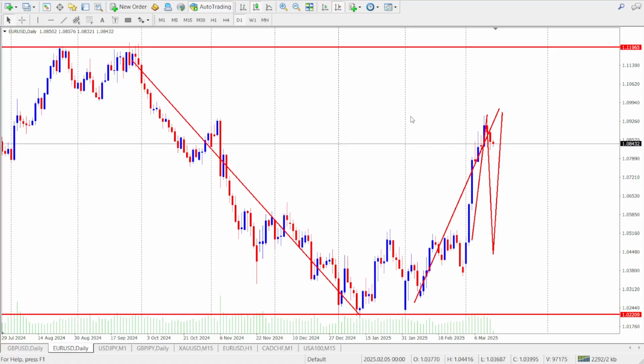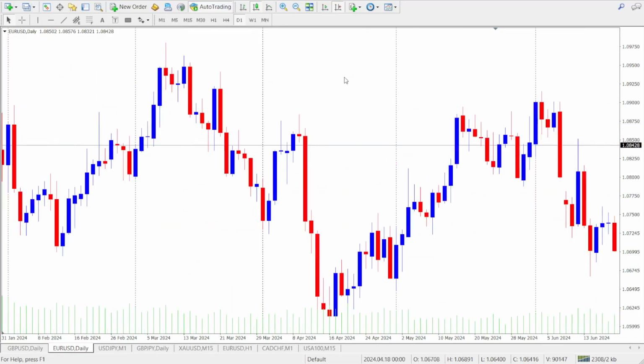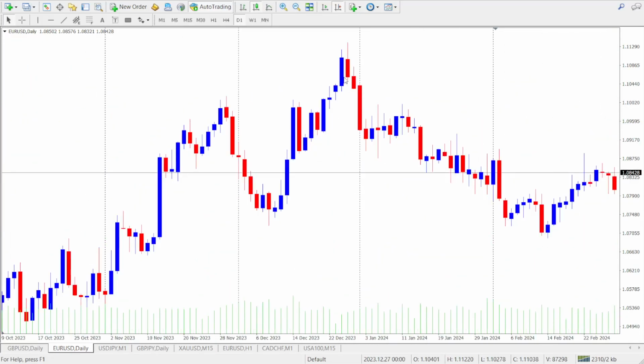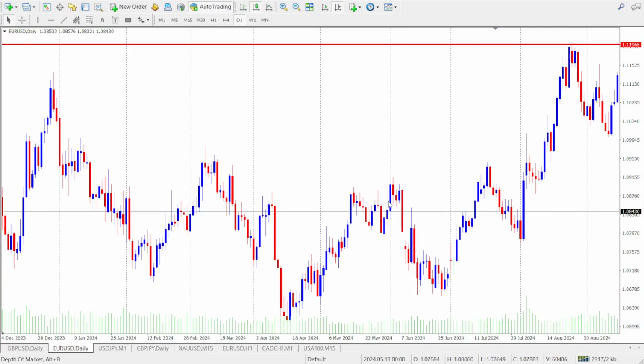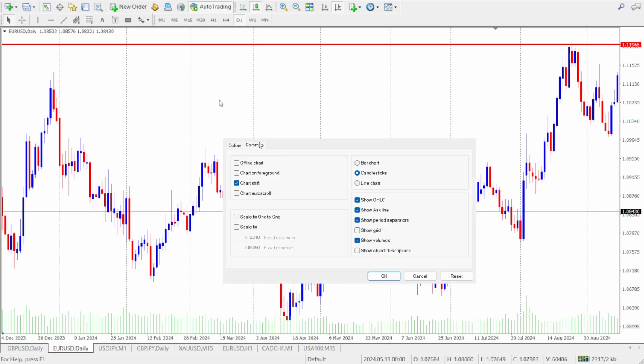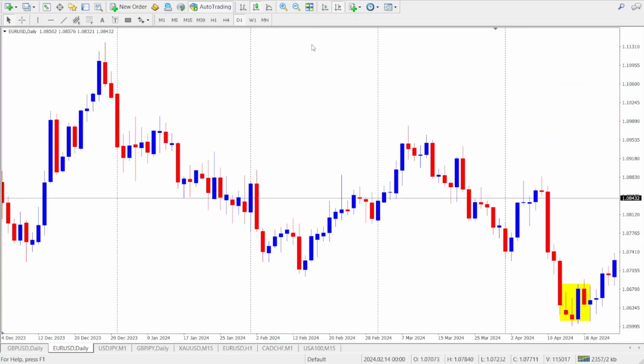Now, the next pattern we are going to be looking at is the engulfing candlestick pattern. We have bullish engulfing and bearish engulfing. A bullish engulfing occurs when a strong bullish candle completely covers the previous bearish candle.